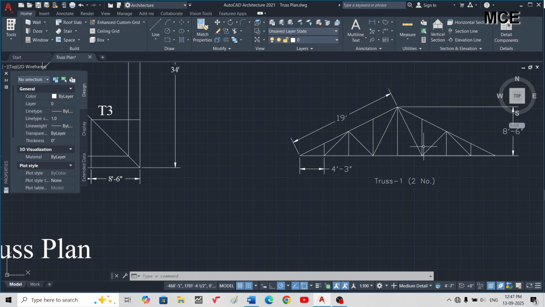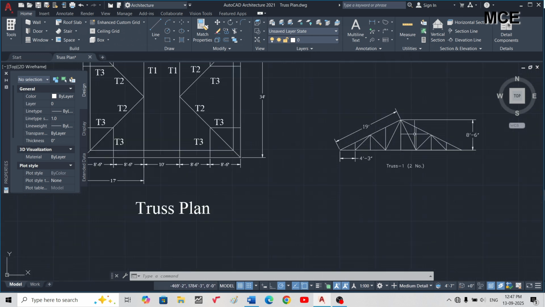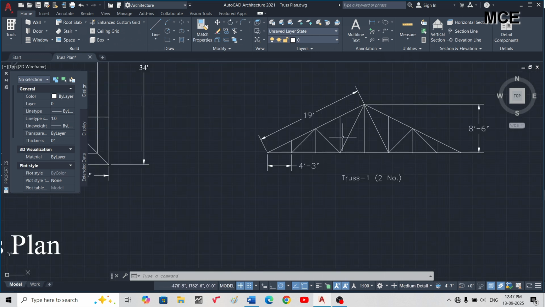In AutoCAD. Now you have to decide the section for these individual members of the truss. The section will depend on the loading which your truss has to bear. You can export this file into STAAD Pro and then design your trusses.